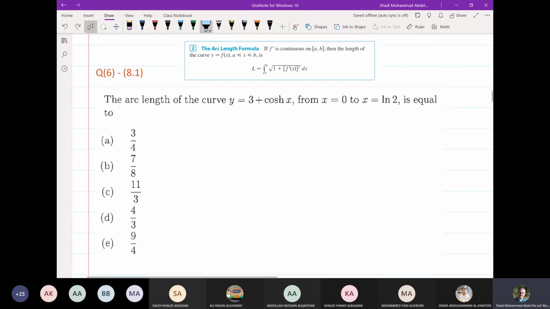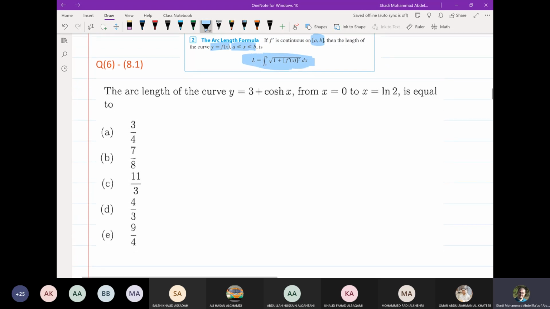I put the formula here. The function should be continuous on an interval. If the curve is y equal f of x, then the arc length will be the integral from a to b of the square root of 1 plus the derivative squared.